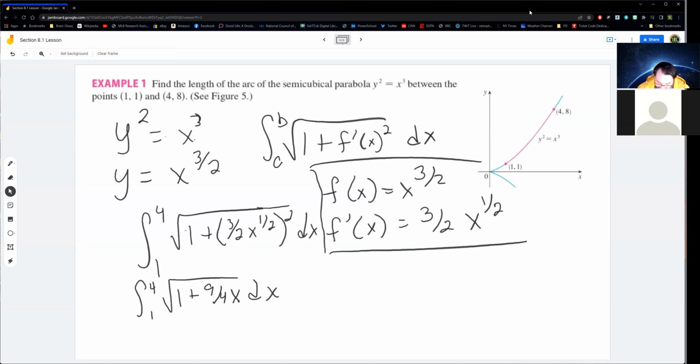In this problem, if I make u equal 1 plus 9/4 x, du is just 9/4 dx.